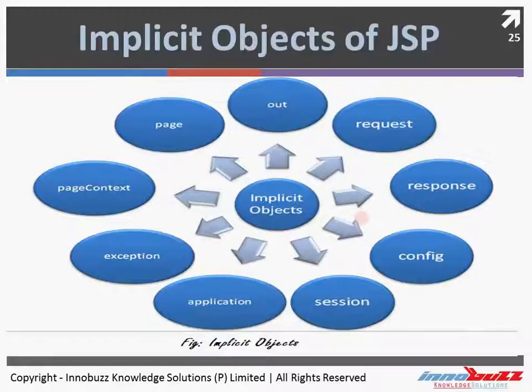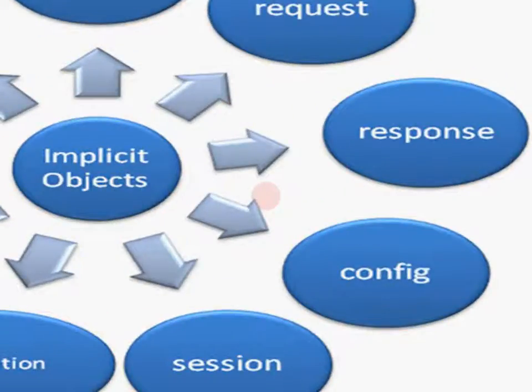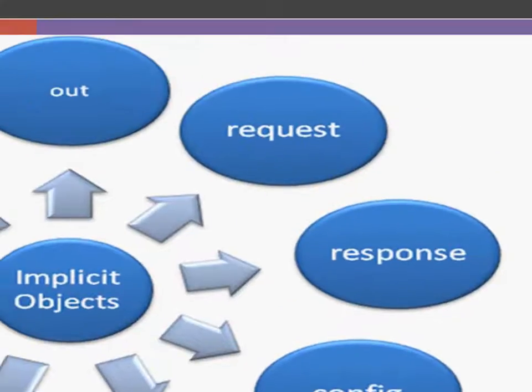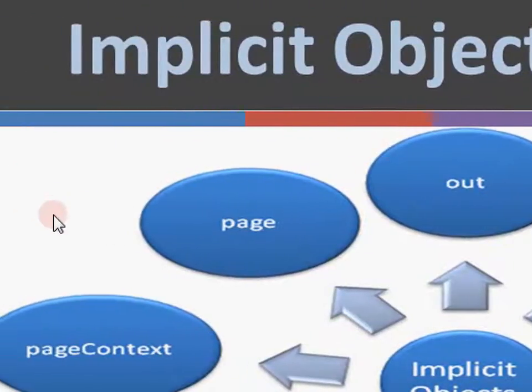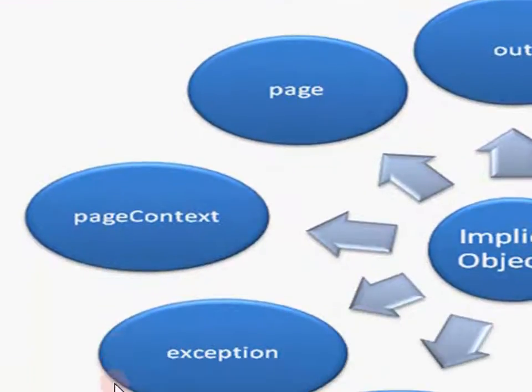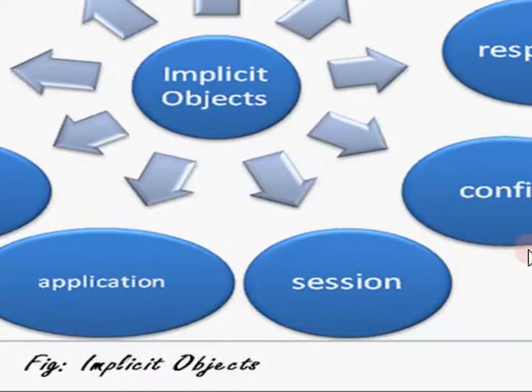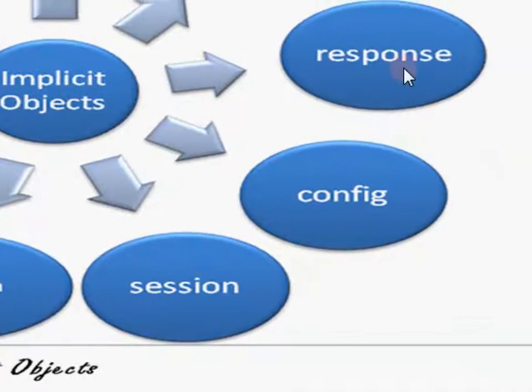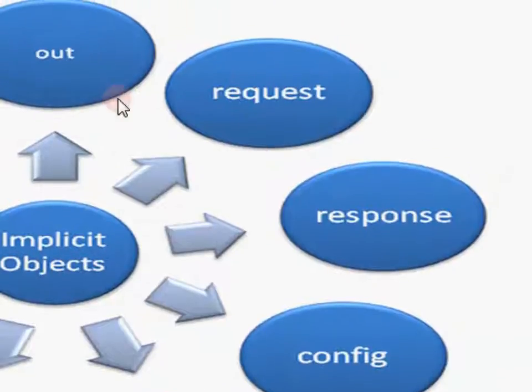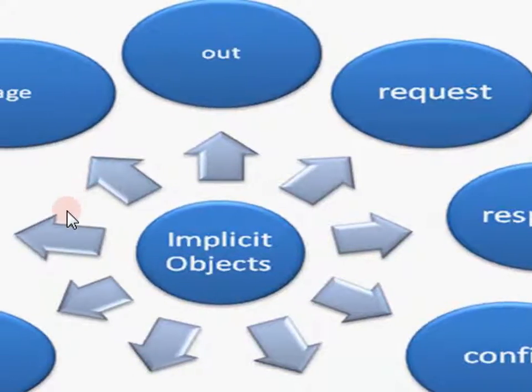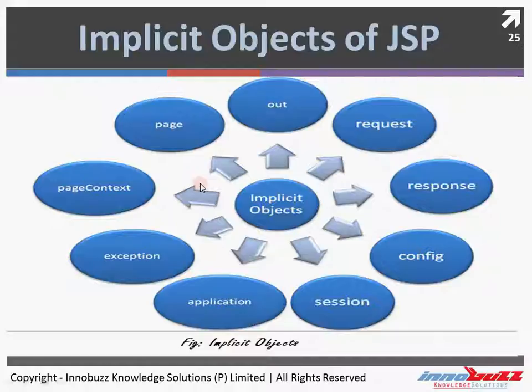These 9 are out, page, request, page context, exception, application, session, config, and response. So these are the 9 implicit objects of JSP. We'll see each one of them in our further slides.